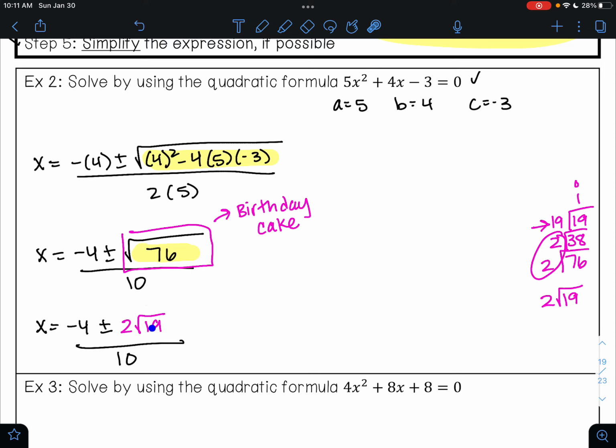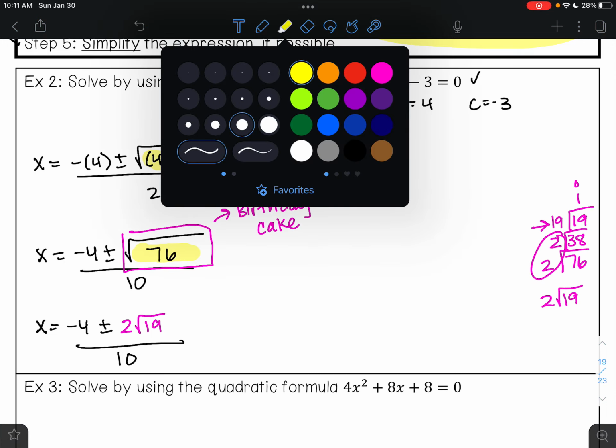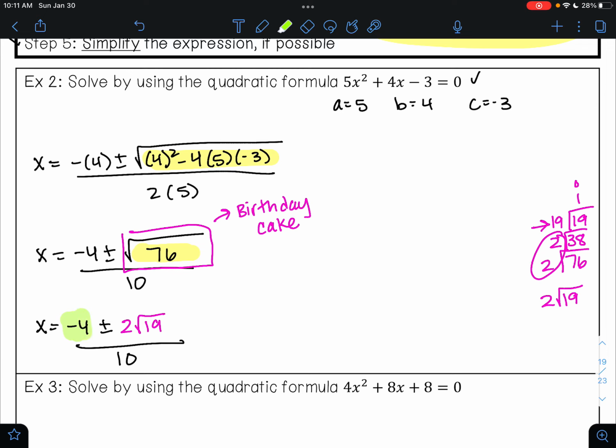I cannot add these together because this one has a square root and this one does not. So I cannot even subtract the 4 and the 2. I can't do anything else there. However, because all 3 of these numbers outside are divisible by 2, I can reduce this fraction by dividing by 2.